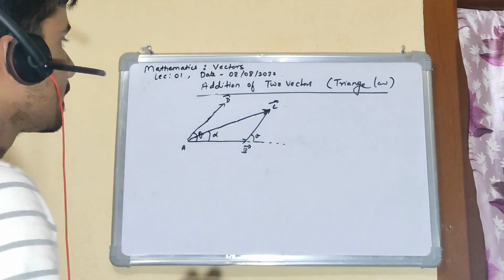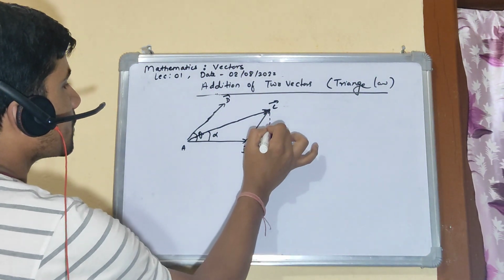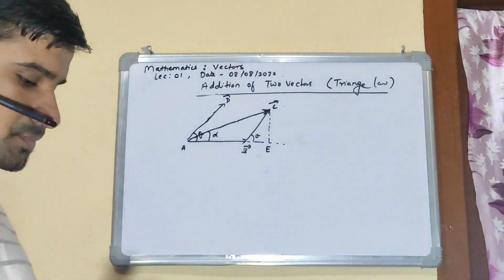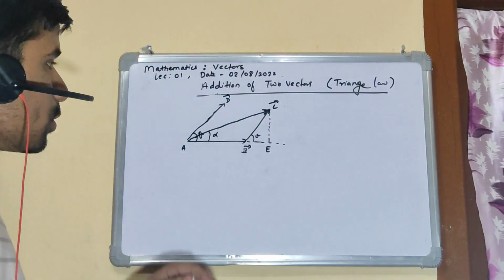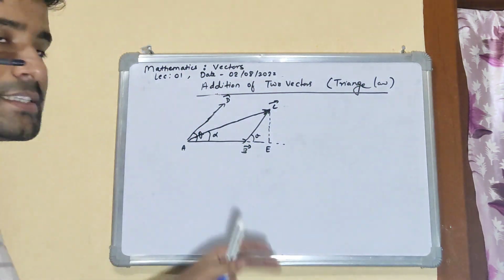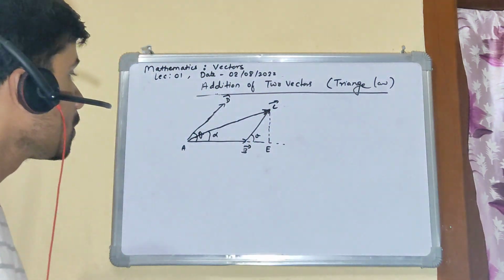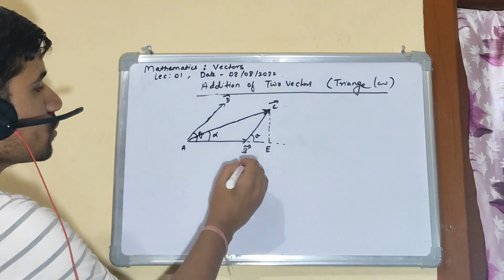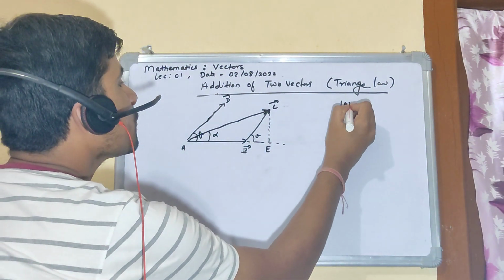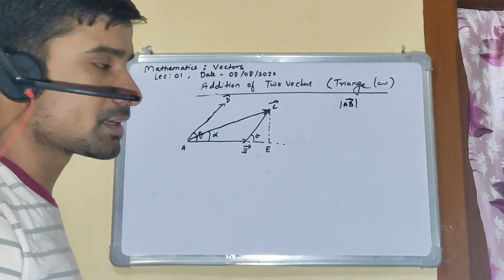Clear? And let's draw a perpendicular from this point, let's say this is CE. Okay. Now, what do I need to find? The magnitude of AC and the direction of AC, right? So what is given to us? I know the magnitude of AB vector, which is my first vector.